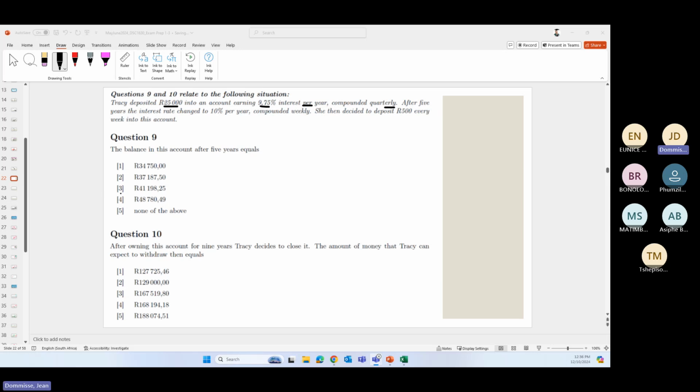Okay, so let's just see. Tracy deposits 25,000 into an account, earning 9.75% interest per year, compounded quarterly. After 5 years, so again, I normally miss it if it's written in words, here's the interest rate.